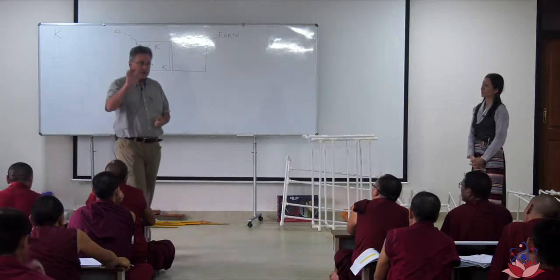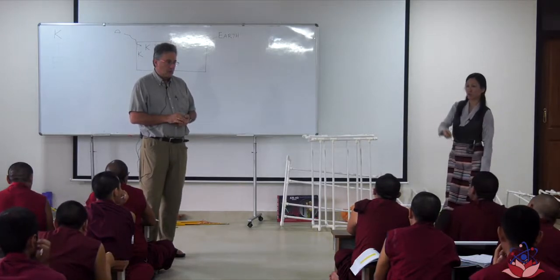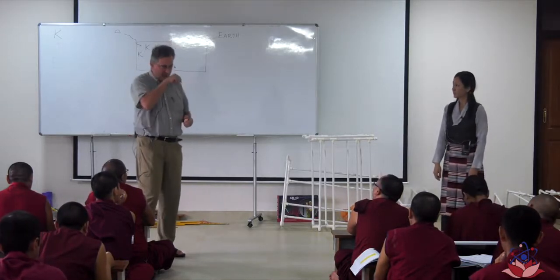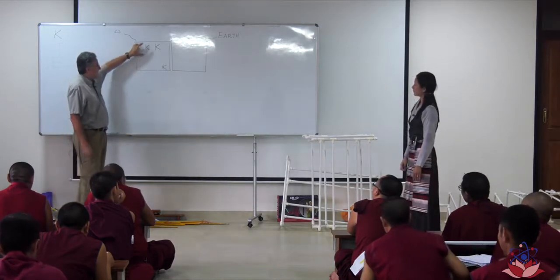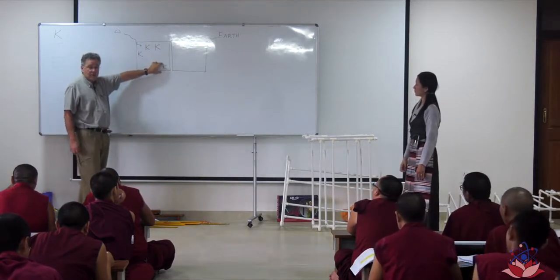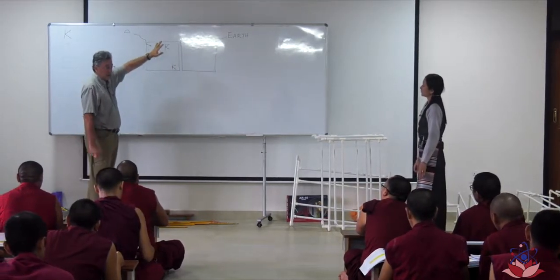Let me recap, because this is a subtle idea. So where are we right now? We decided that these 4K units, these 4K monks, should still be on the stage at the end of the scenario.